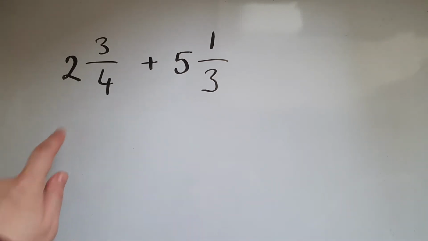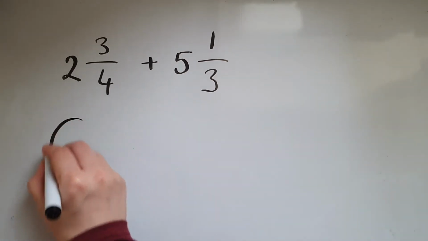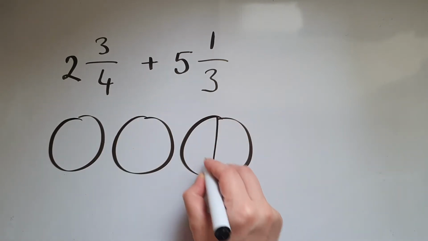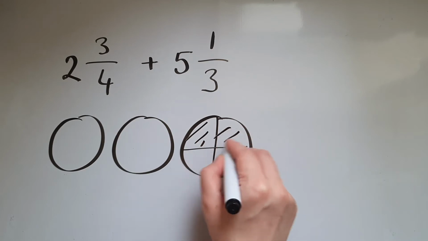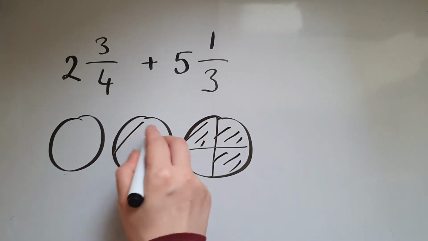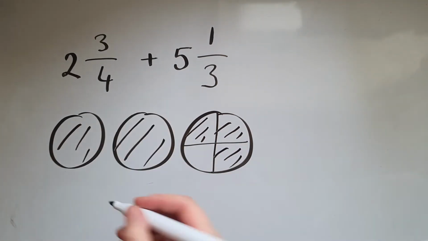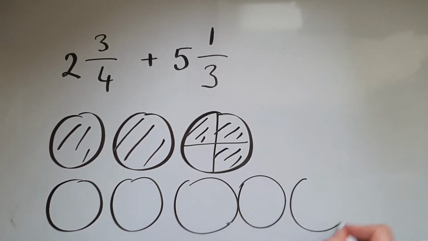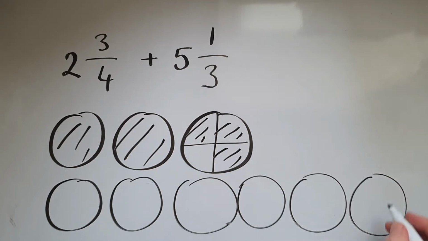So if I represent this mixed number, I would have 2 whole cakes and 3/4. This one would have 5 cakes and 1/3.